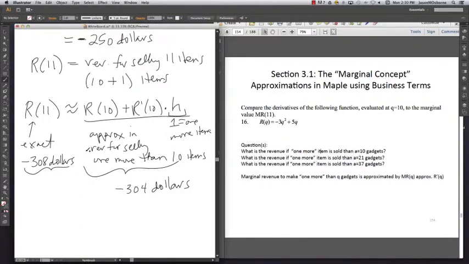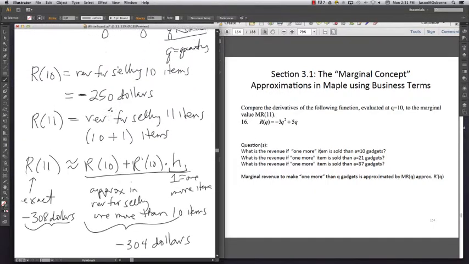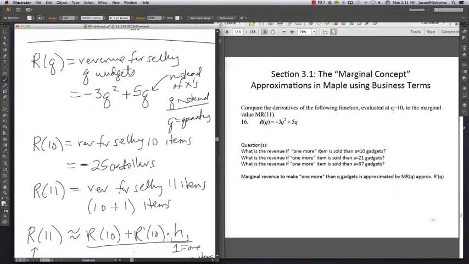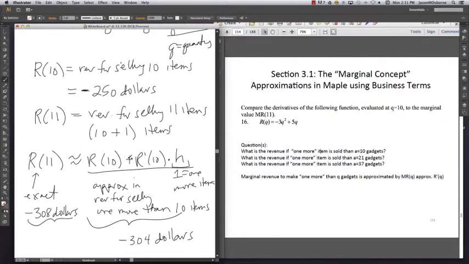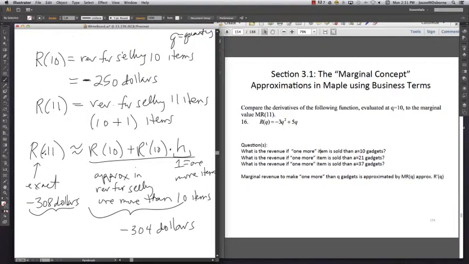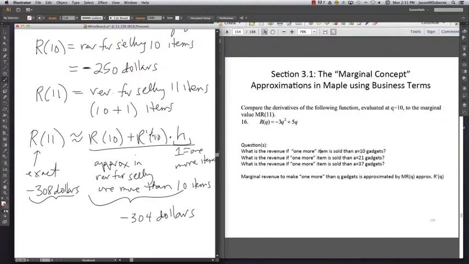Now this is how the question can be asked. What is the revenue if one more item is sold than 10 gadgets? Well, the revenue for selling 10 gadgets was minus $250. So to sell one more, 11 items, that would be minus $308. And this is the approximate value for selling one more item than 10 gadgets.